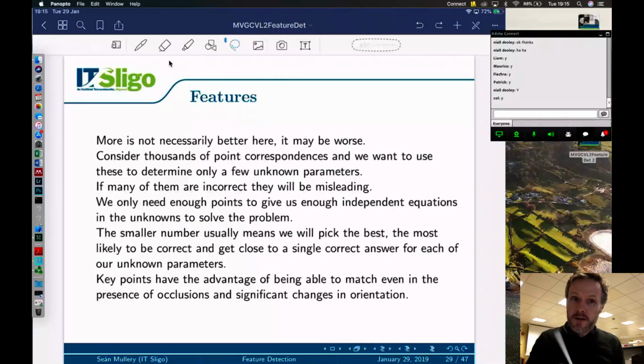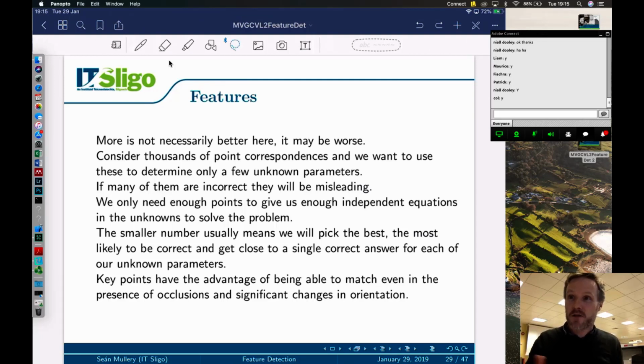So more is not necessarily better, and it may be worse in terms of grabbing these features. If you consider thousands of point correspondences and we want to use these to determine only a few unknown parameters, you've all done linear algebra, so you know how many unknowns you have and how many equations you need to solve them.